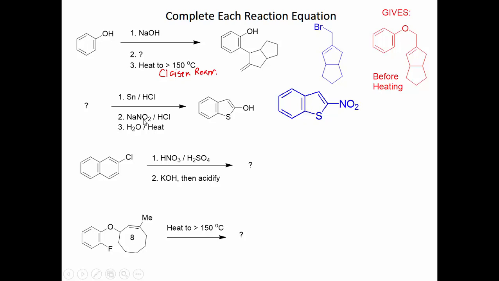All right, here we're going to treat this with nitric acid, sulfuric acid, then KOH and acidify. Okay, so our first process there is an example of electrophilic aromatic substitution.